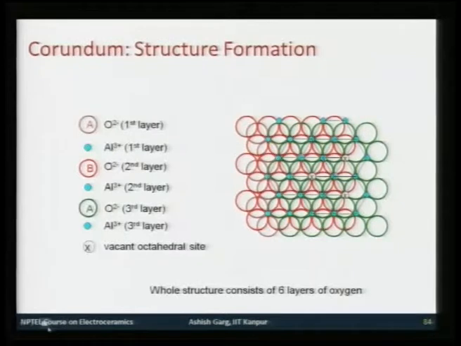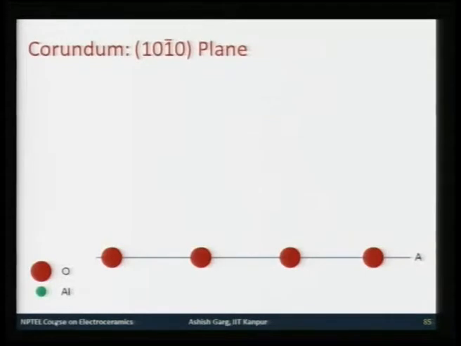And you can look at the cross section of this structure, which explains the structure in a slightly better way. So, let us say if I look at the 1 0 bar 1 0 plane, which is this plane, then this is how it looks. You have the first layer of, let us say, oxygen, followed by octahedral site filling.